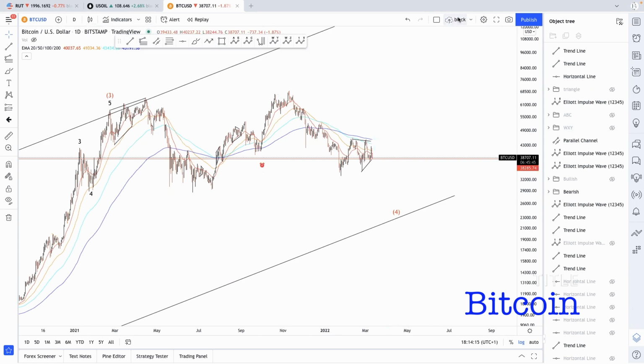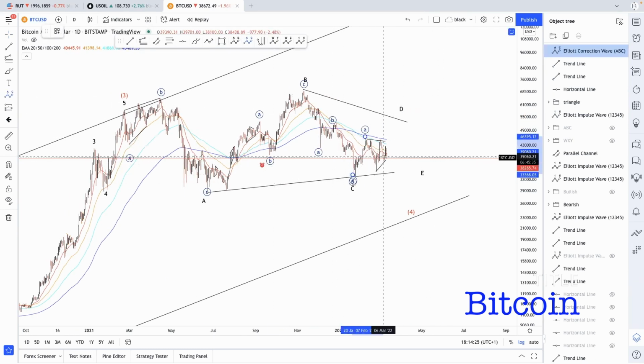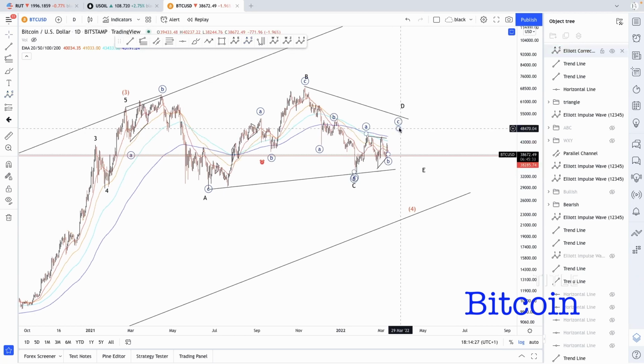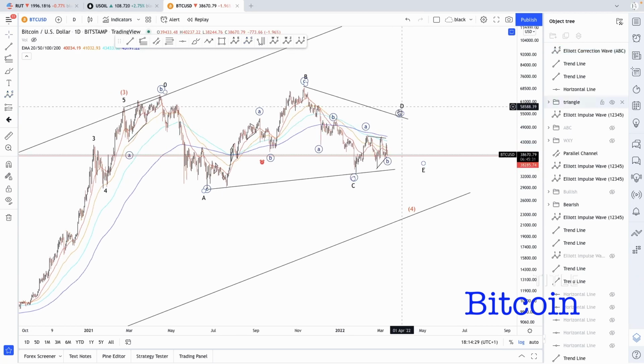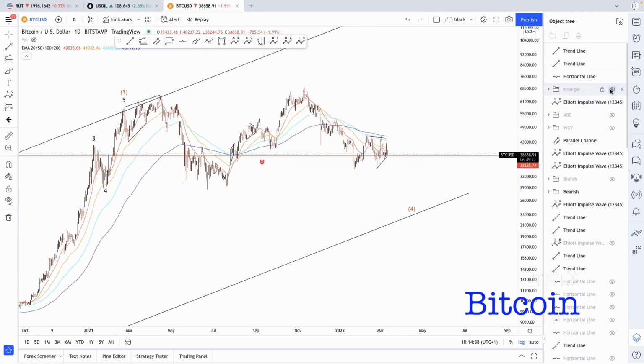The alternate would be a triangle. So this could be A, B, C, basically the opposite, and then lower again, and then up we go. That's also possible, and I'm going to place it there.